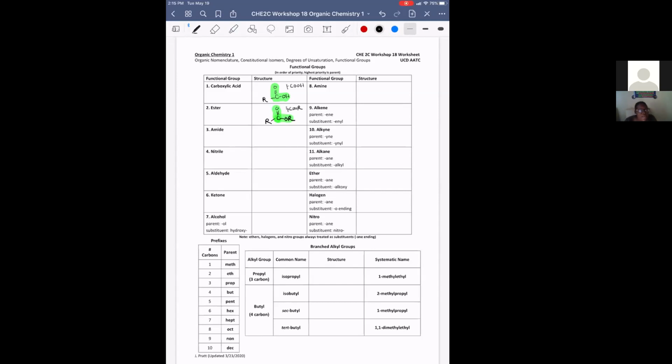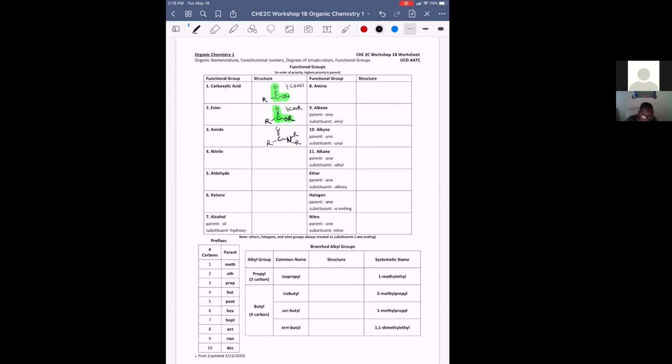Right? What about our amide? So our amide is similar to an ester. However, now we're switching out our oxygen for a nitrogen-containing species. Since we still want our carbonyl, we still want our C double bond O, but now the carbon in our carbonyl is bonded to a nitrogen, and nitrogen can have two R groups, right? So there should be another R group on the other side of our carbon.